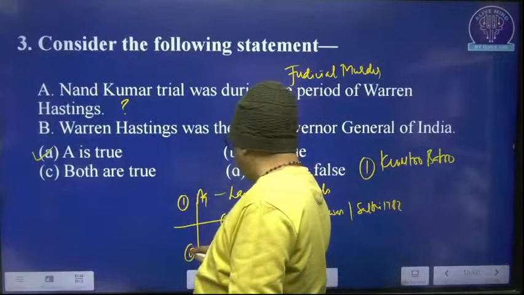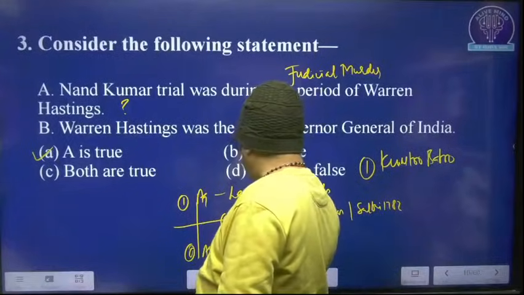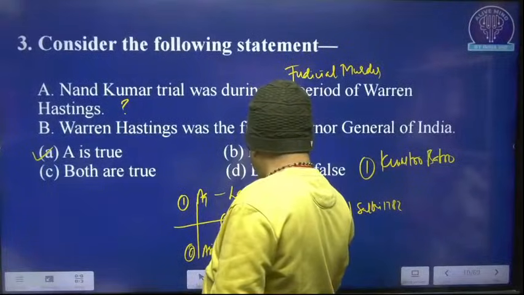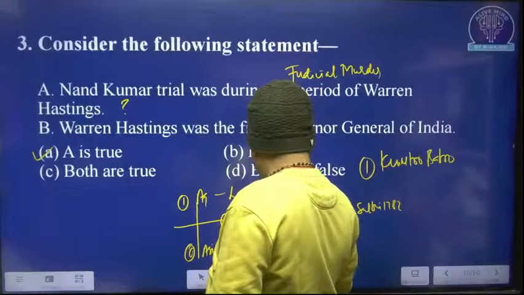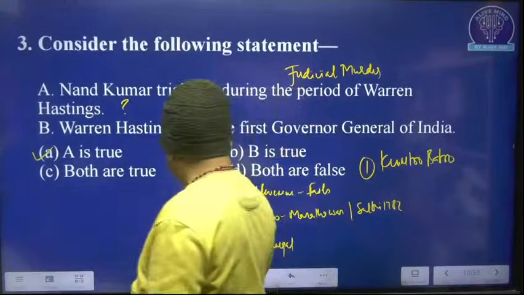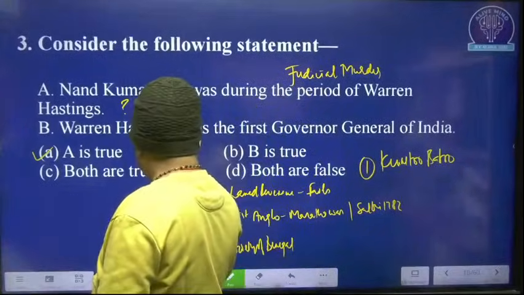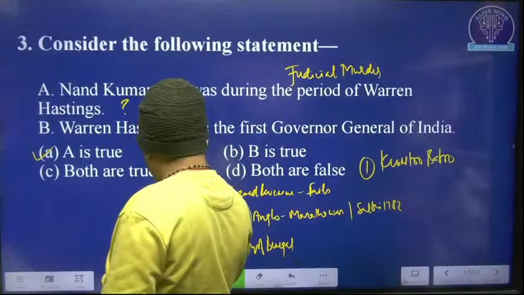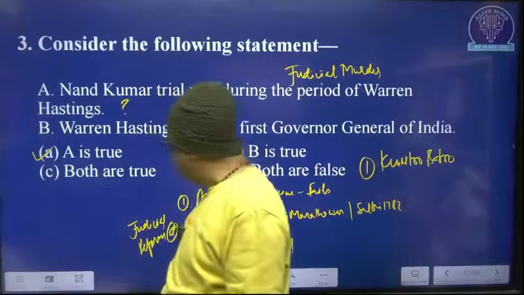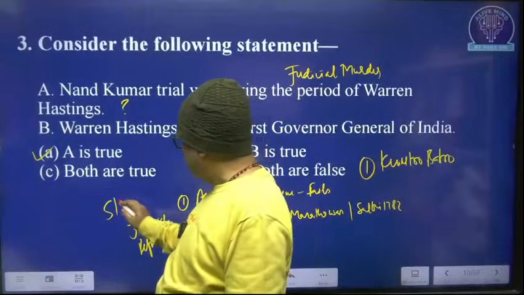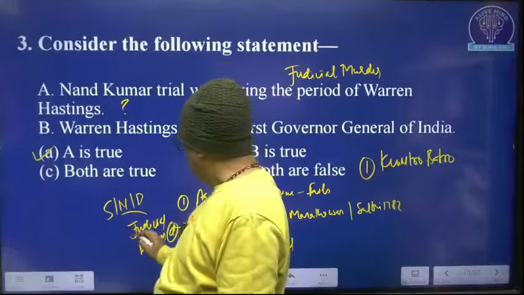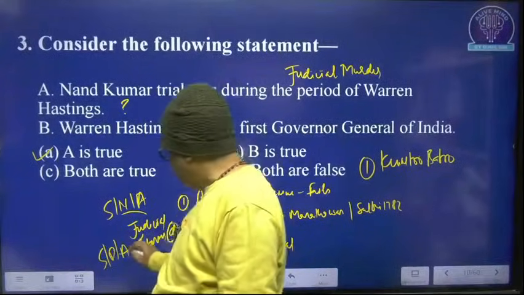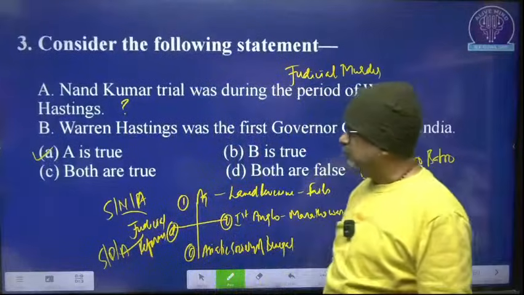Then his period is famous for the Asiatic Society of Bengal, the translation of Indian scriptures, then judicial reforms. Sadar Nizamat Adalat and Sadar Diwani Adalat, the two adalats established by him.